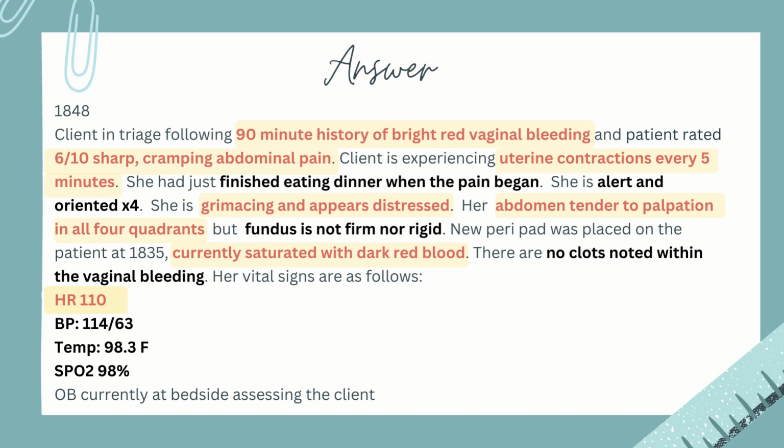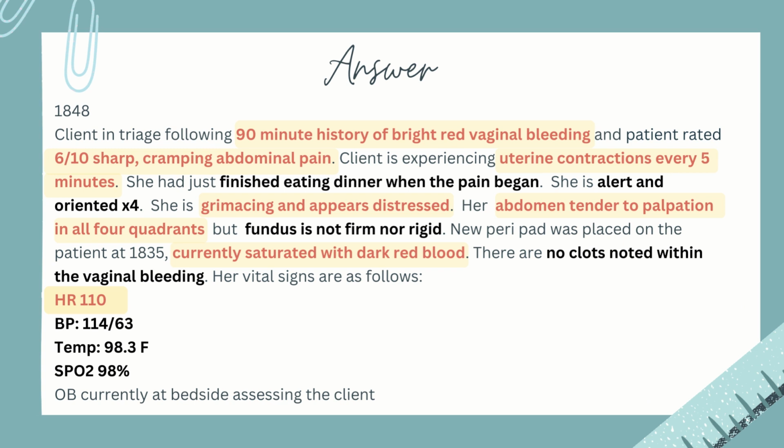So let's talk this through. Remember, we're looking for findings that indicate an abruption. That 90-minute history of vaginal bleeding and 6 out of 10 sharp abdominal cramping is textbook for this condition. We see here she's having uterine contractions at a 5-minute frequency, which can also happen in an abruption.